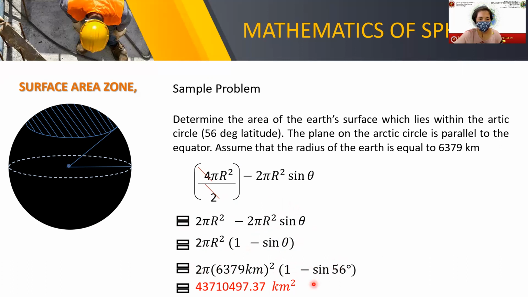So the area of the zone on the Arctic is equivalent to this value, which is 43,710,497 square kilometers. So this is the area of the Arctic from the 56 degrees latitude.